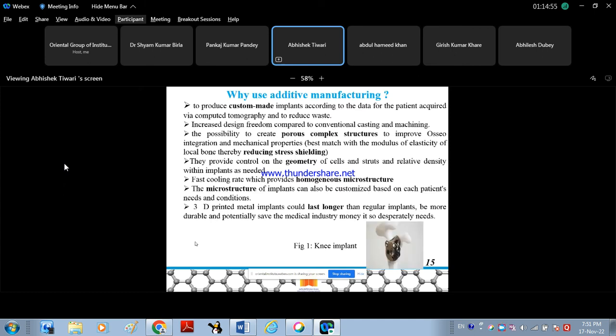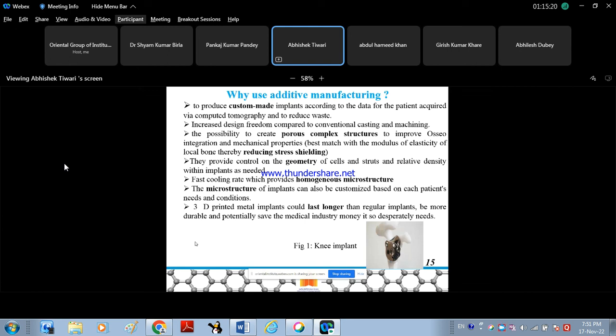So why use additive manufacturing? Additive manufacturing is used to produce custom-made implants according to the data for the patient acquired via computed tomography, and to reduce waste and increase the design freedom compared to conventional casting and machining.